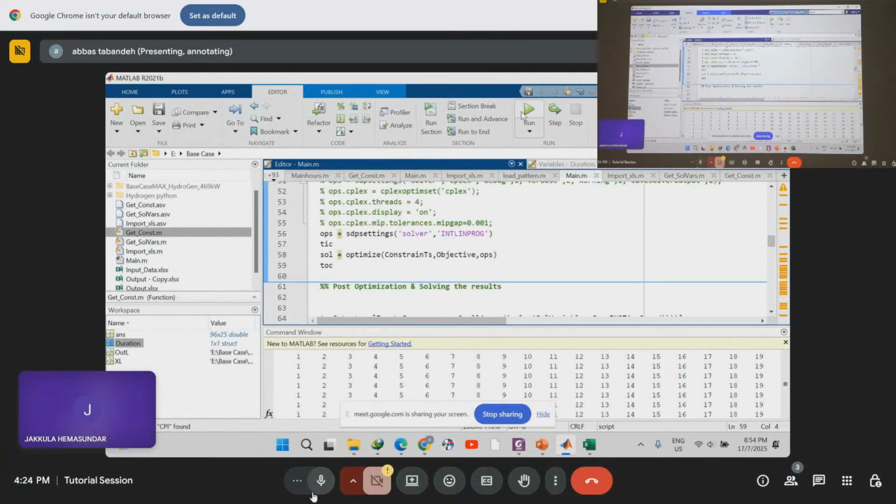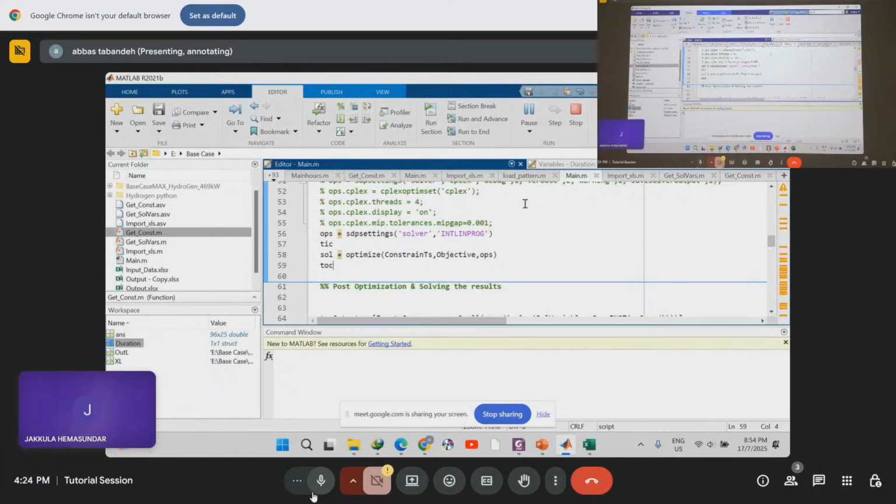So I need to run it. You can also run it on your system. Takes time.